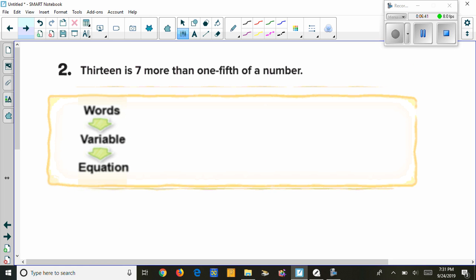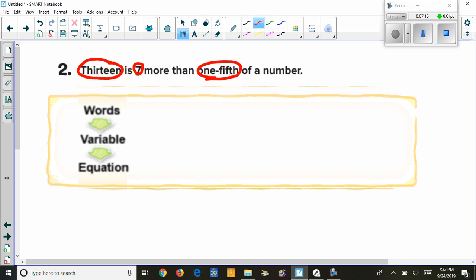Next example states 13 is 7 more than 1/5 of a number. So there's a lot of pieces happening here. Using cubes, I'm going to start with C and circle important numbers. 13 is 7 more than 1/5 of a number. I would underline a question. That doesn't apply for this.